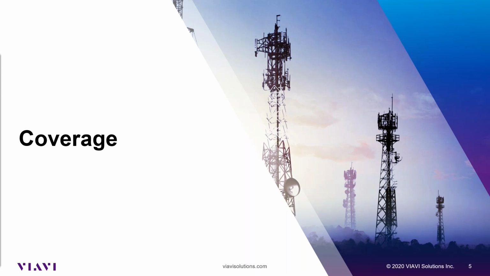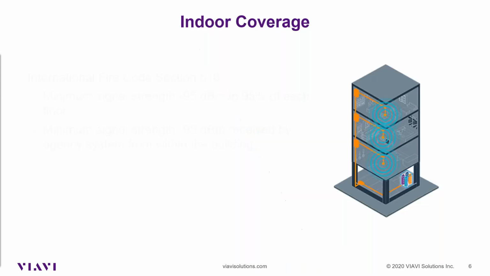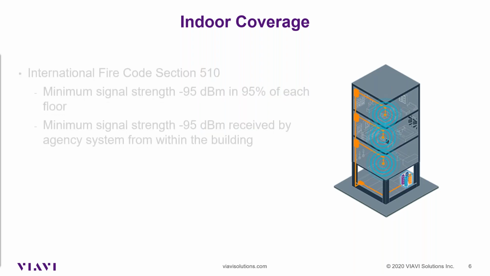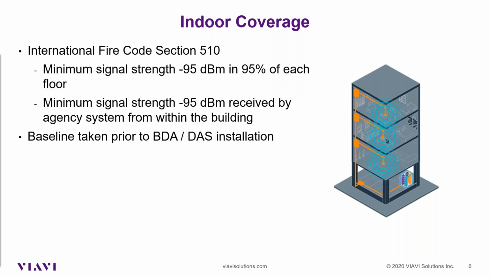The method that I prefer, and again, multiple ways of doing this, there's predictive software, but at the end of the day, we have to be able to verify that signal strength meets those requirements. You can use a system like the TRX Neon application, which lets us map that signal strength using their software.